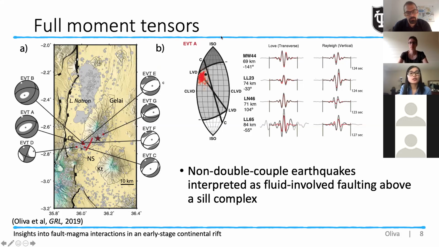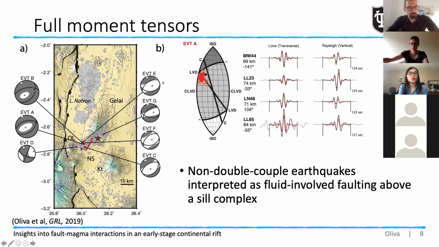It also includes an isotropic component, compensated linear vector dipole, and C here means crack. So these earthquakes, the largest earthquakes from 2013 to 2014, show strongly non-double couple sources. And this is also confirmed by bootstrapping. So this is a bootstrapped set of solutions for event A here, which was a magnitude 4.7 earthquake.